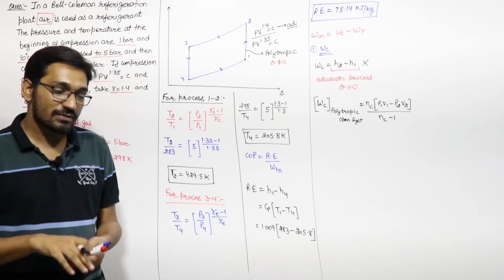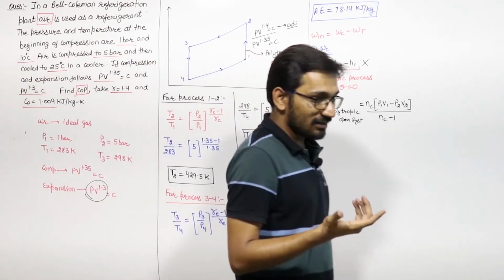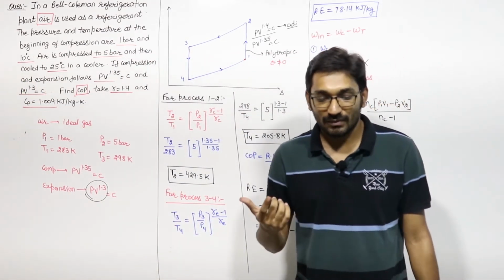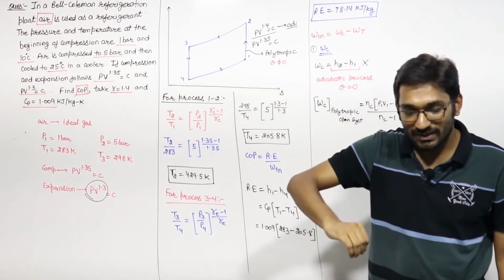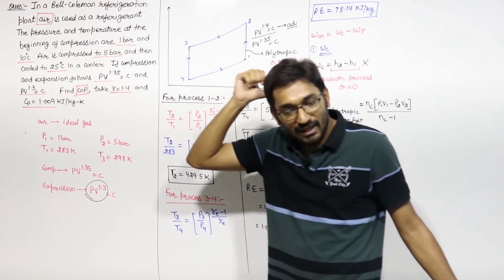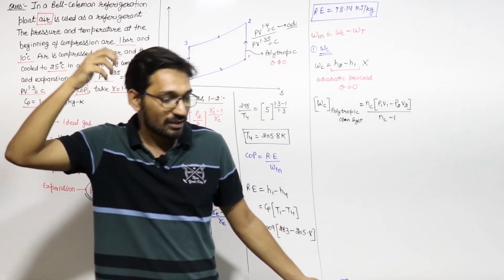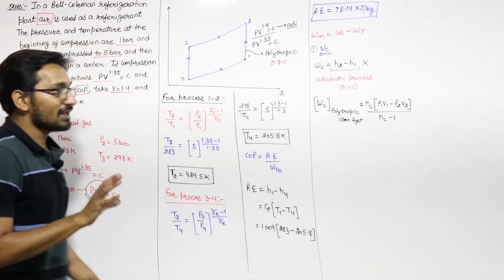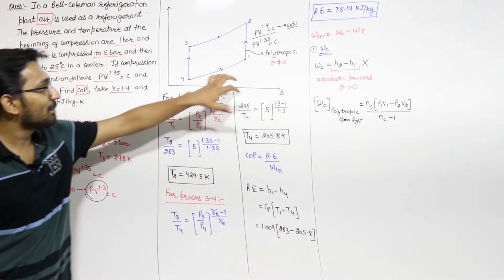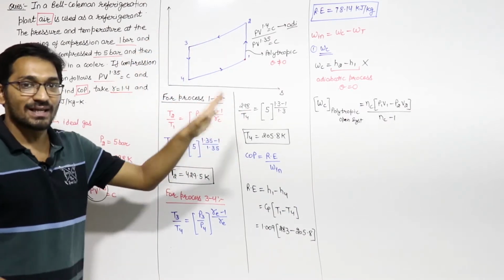And some of the students will be confused: sir, you are saying that this is a closed loop cycle. Now, there also I want to explain, but here with the help of the question, it is better to explain that this complete cycle is a closed cycle.